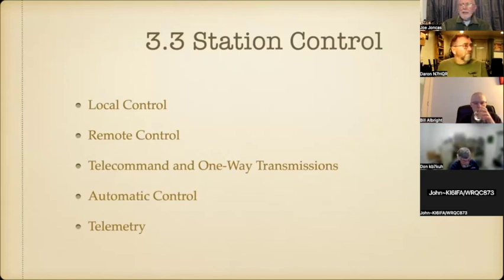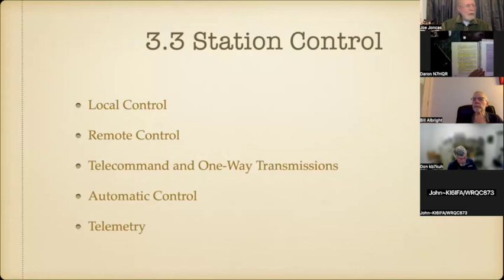Local control is simply if you're sitting there at your radio turning the knobs, that's local control. Remote control is when the control for the radio is no longer at the radio, it's from somewhere else. If you're using a computer and equipment to control it, or radio equipment, which is rare, but you can use radio equipment to control it.